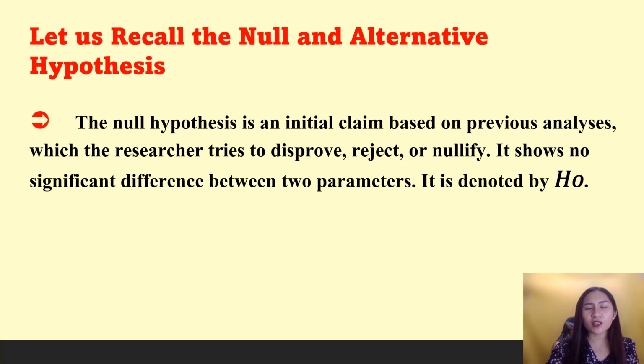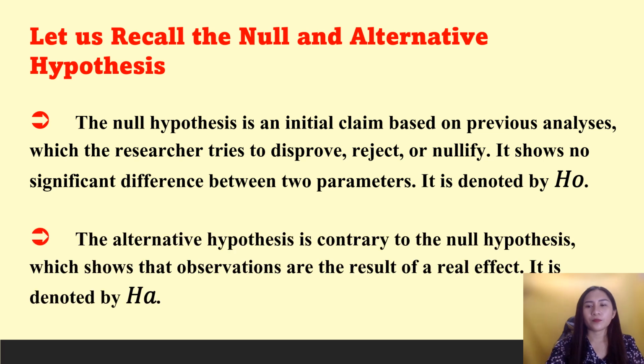It shows no significant difference between the two parameters. It is denoted by that symbol. Sorry for that one, it's not properly stated, but it should have been written, the O must be placed as a subscript. Okay, I want to clarify. That is H with the subscript O.